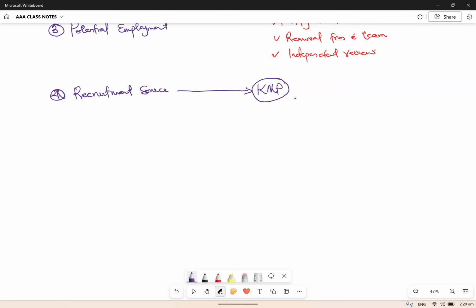So you see, the principle in safeguard is that, especially for a listed company, no audit firm is supposed to provide these kinds of services to a listed company.